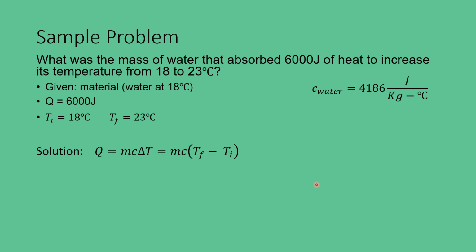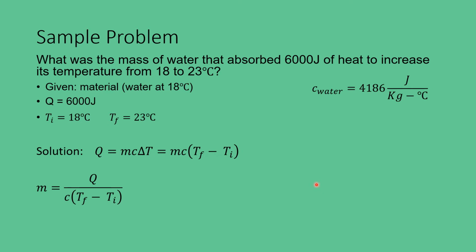Using this formula, to solve for m, we divide both sides by C times the quantity Tf minus Ti. So we will arrive at the formula mass of the substance, or mass of water, will be equal to Q all over C times the quantity Tf minus Ti.